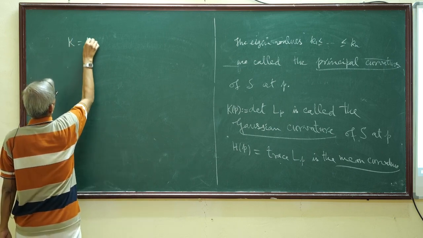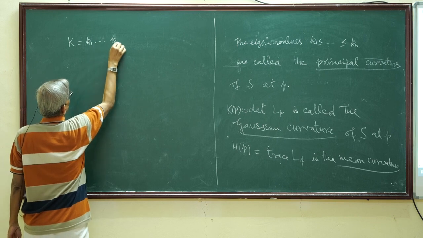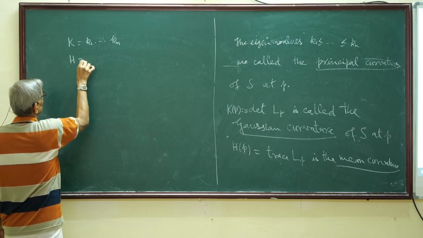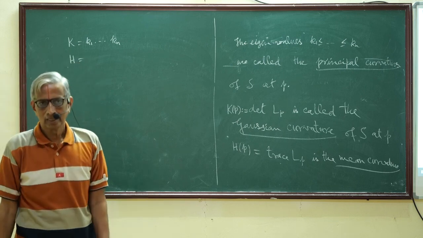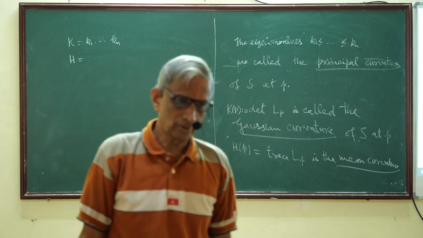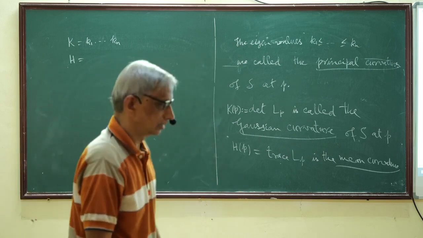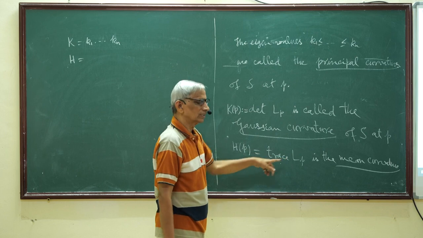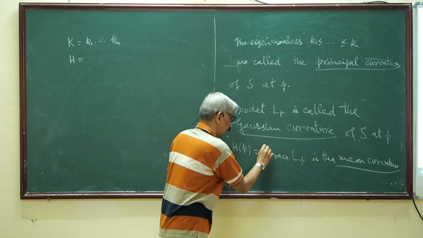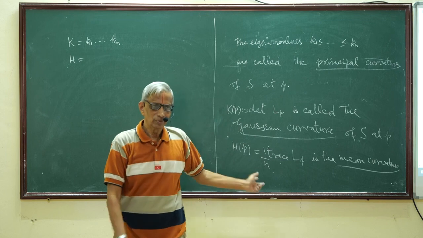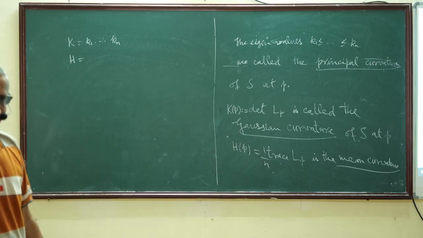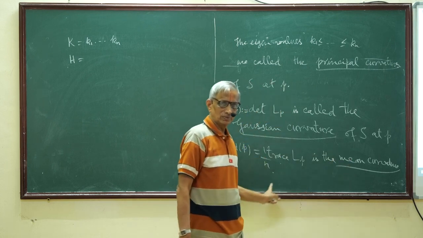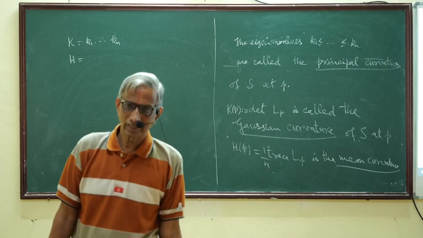K is equal to k_1 k_2 ... k_n, and H is the trace, which is just the sum of these. Rather, 1 over n times this is called the mean curvature. Mean means average, so it's the average of all principal curvatures.